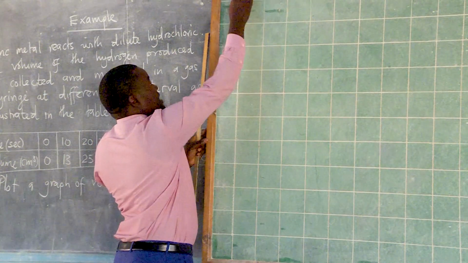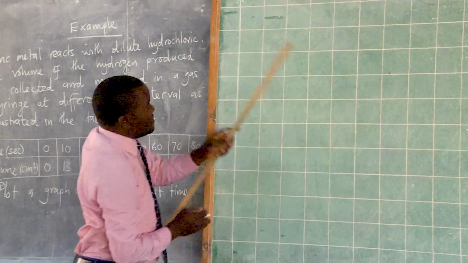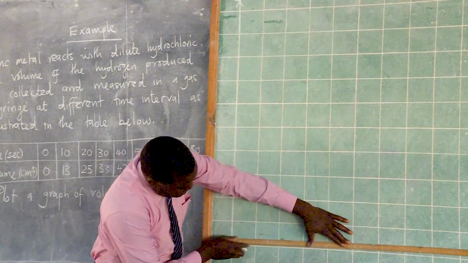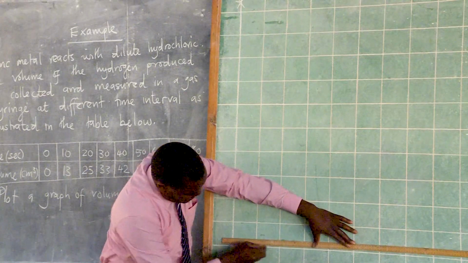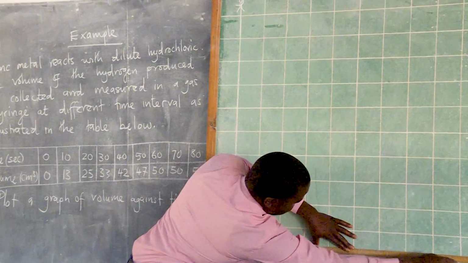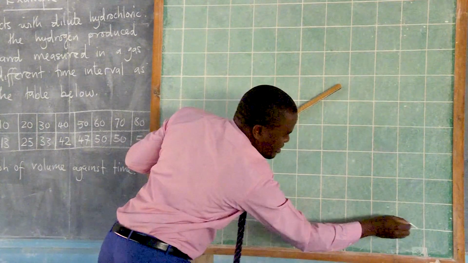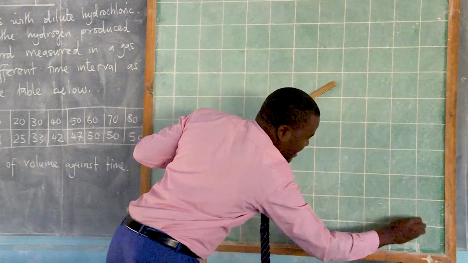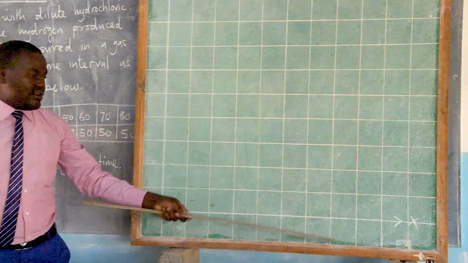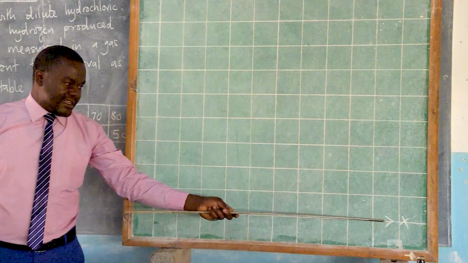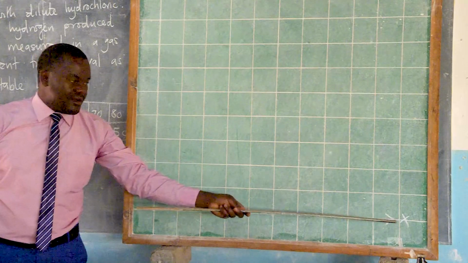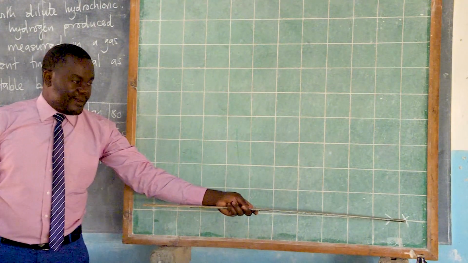So I say this is my y-axis. Then along this, again I draw. And I will say this is my x-axis. At the end of the x-axis here, I am putting this arrow. Then that's when I put the x.